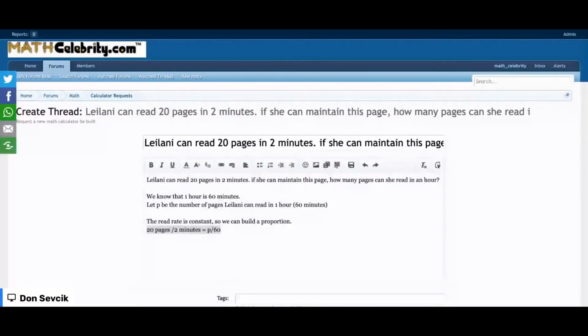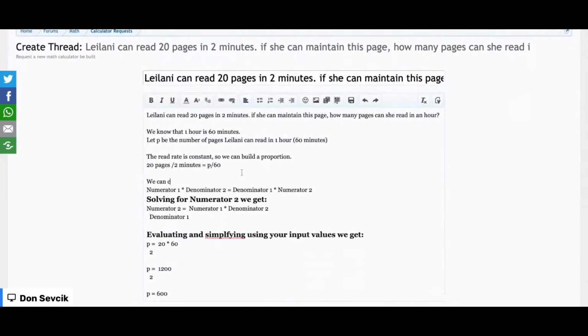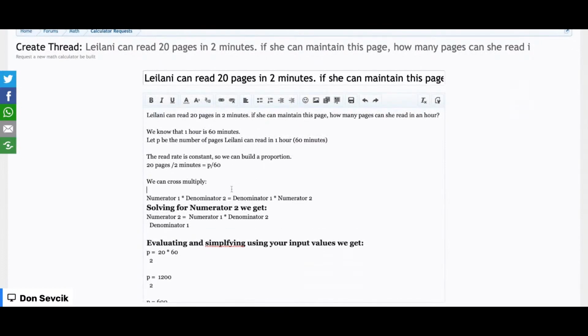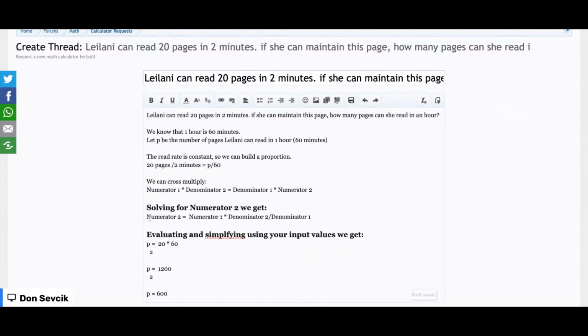Actually, I can't. I'm off screen here. 20 over 2 equals P over 60. All right. Let's just paste this in. We can cross multiply. And then solving for numerator 2, we get this divided by denominator 1.